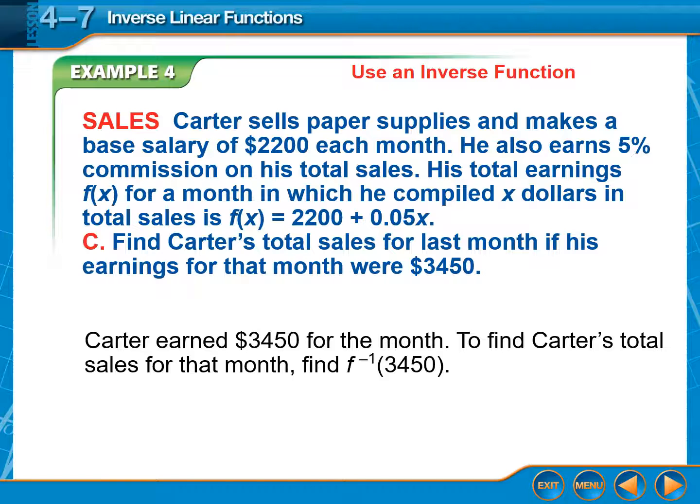So our new equation, which was right here, the inverse function of x, which is now his sales, is equal to 20 times x, his earnings, minus 44,000.